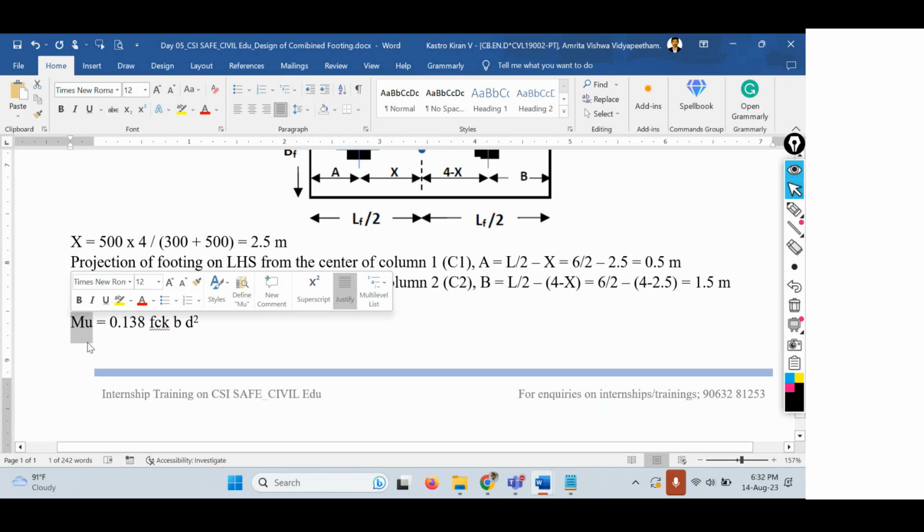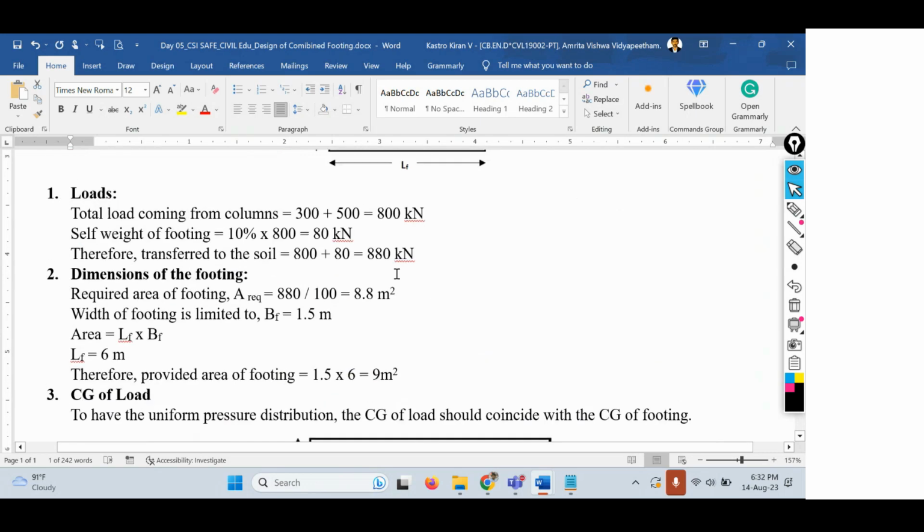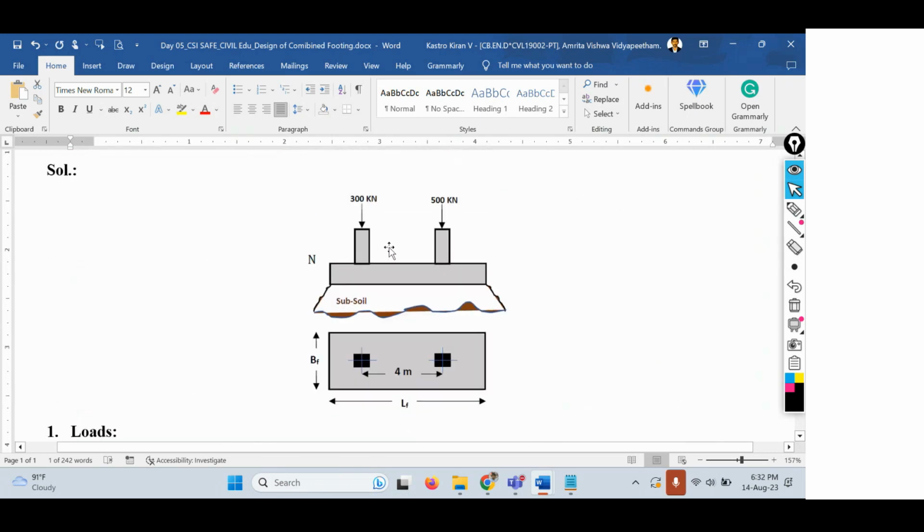In the design of rectangular and square footings, we found the Mu value in a different way. But here, since we have two columns with two different intensities of loads, you can consider this as a simply supported beam with two loads. Let me draw that.